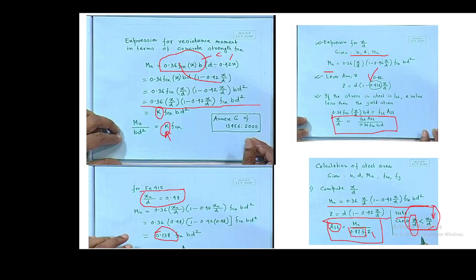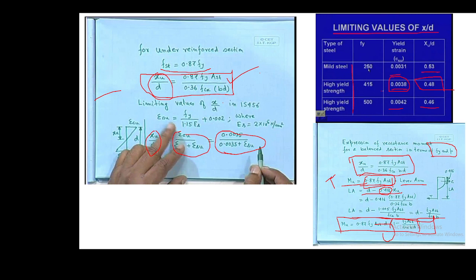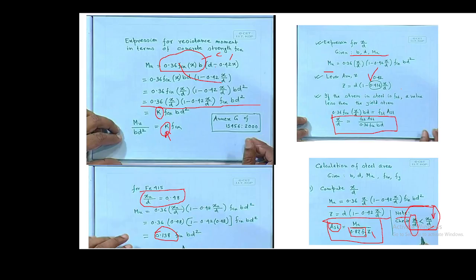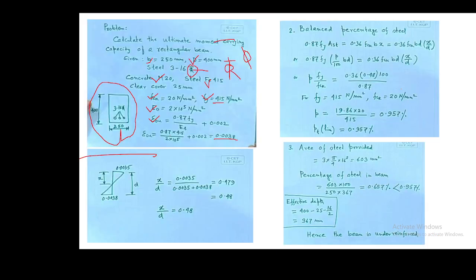Mostly the questions will be asked in Fe415, so you can directly remember this 0.0038, and if someone has a problem remembering, they can solve by this equation and directly get it.